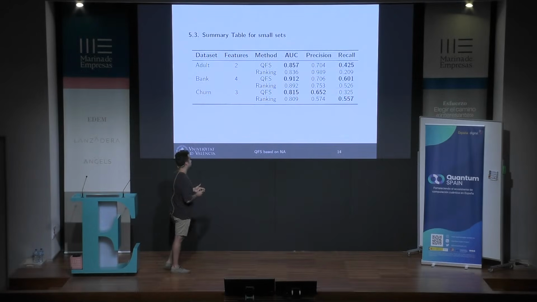This is a small table in which we show exactly in which subsets the quantum feature selection algorithm outperforms the classical counterparts.